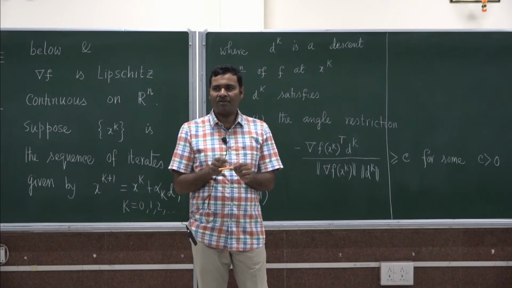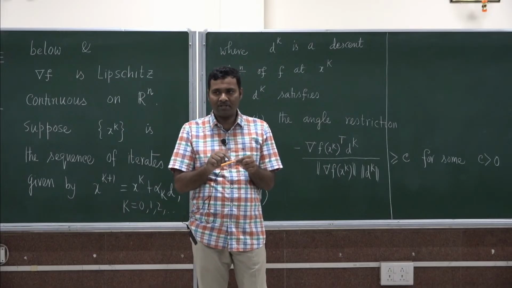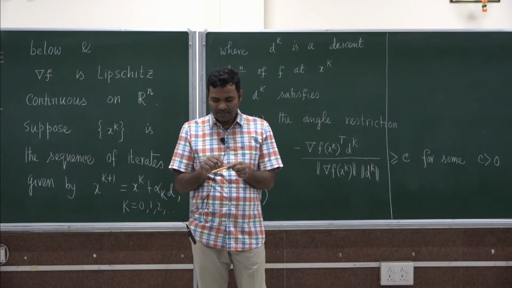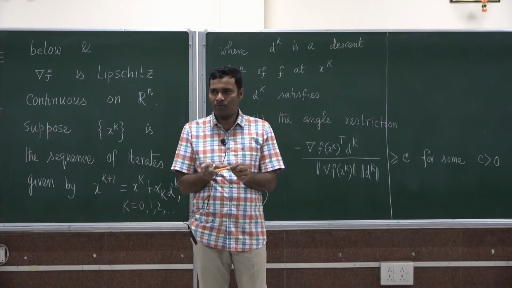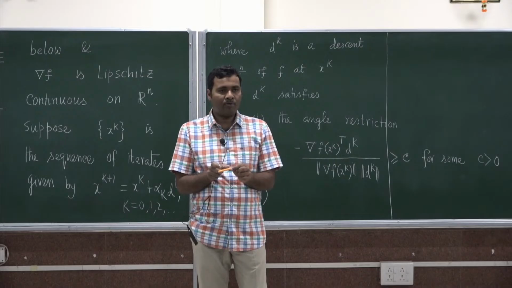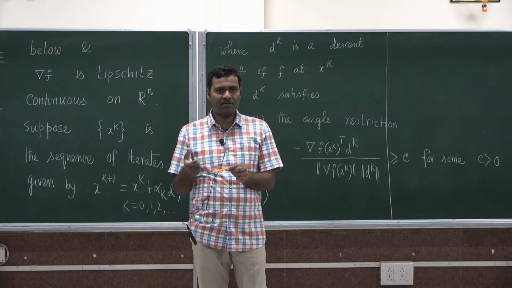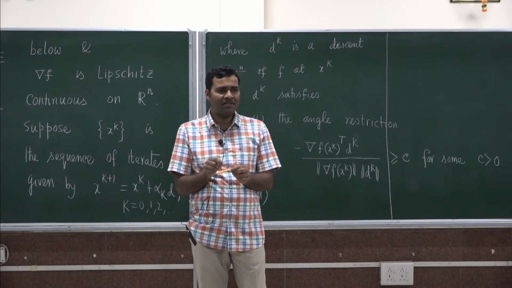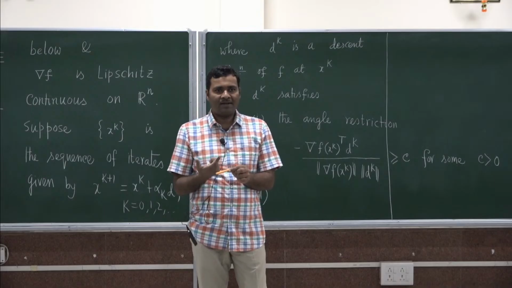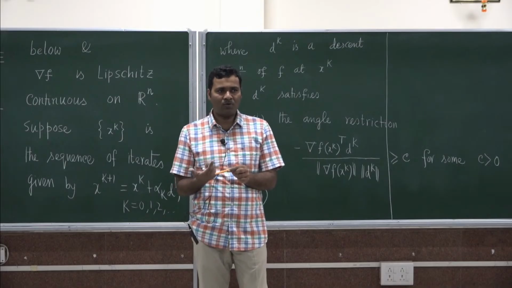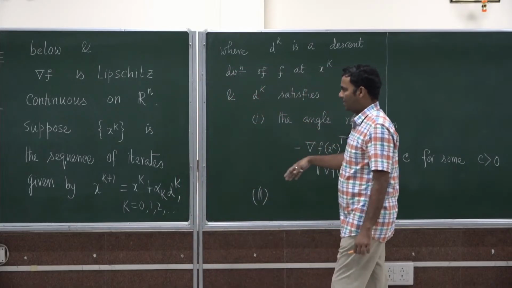My movement has to happen along this direction, and then the step length alpha_k will determine how much I will move. If I consider dk to be dk divided by norm dk, the unitized direction, then my step length will just be scaled. So there is no restriction if I take norm dk less than or equal to 1, or norm dk bounded. That restriction I will require later on.